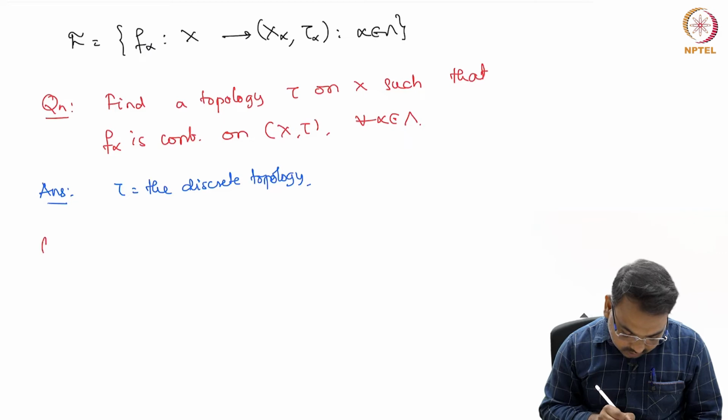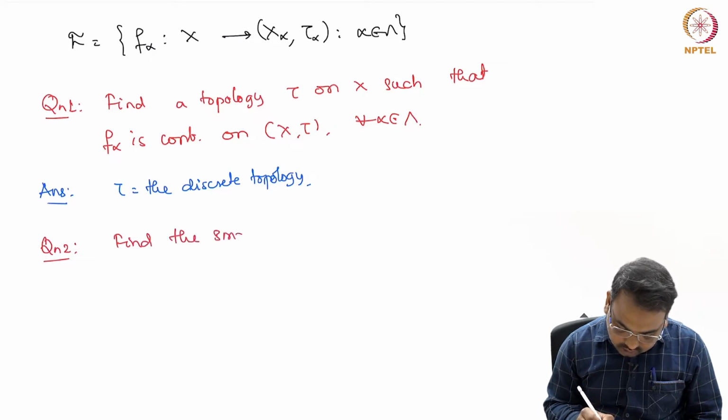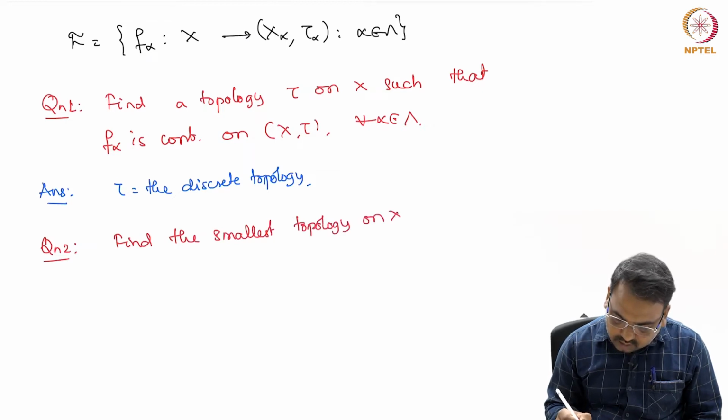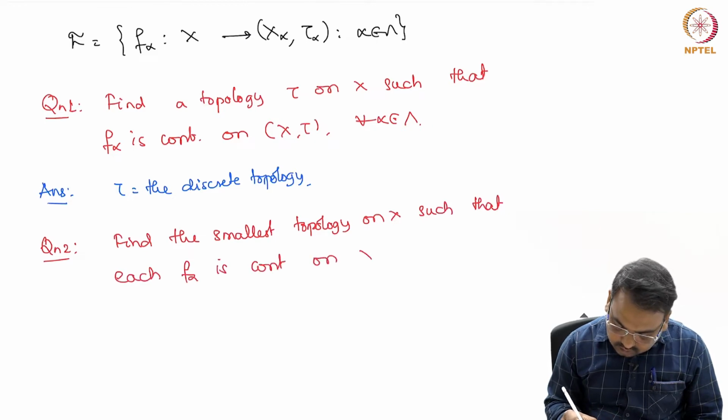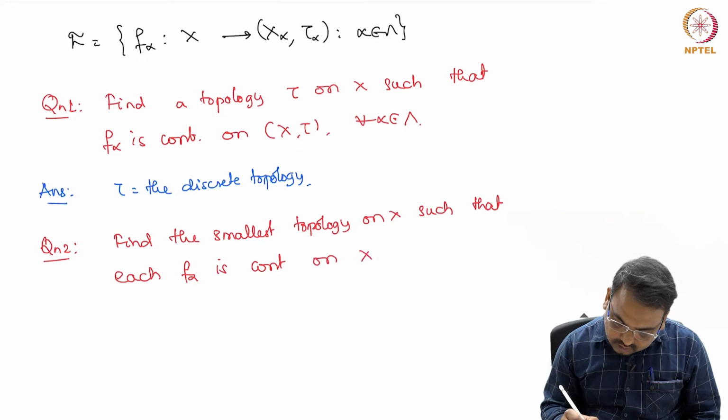So we can modify this question. Find the smallest topology on X such that each f alpha is continuous on X. Let me call this tau.